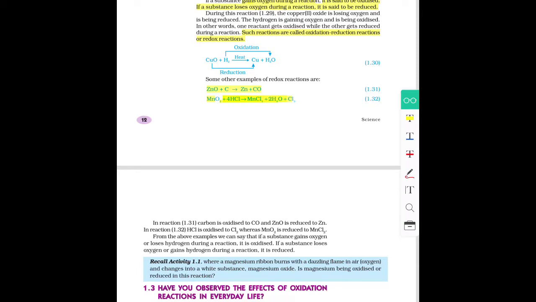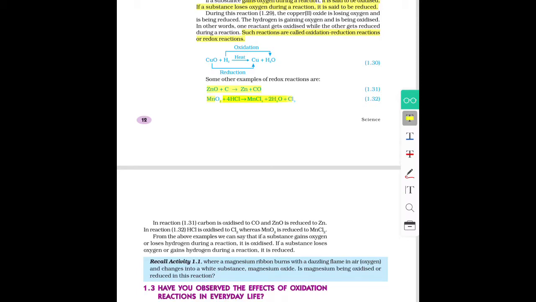In reaction 1.32, HCl is oxidized to Cl2, whereas MnO2 is reduced to MnCl2. From the above examples, we can say that if a substance gains oxygen or loses hydrogen during a reaction, it is oxidized. If a substance loses oxygen or gains hydrogen during a reaction, it is reduced.